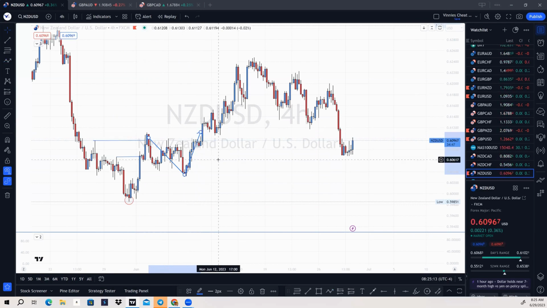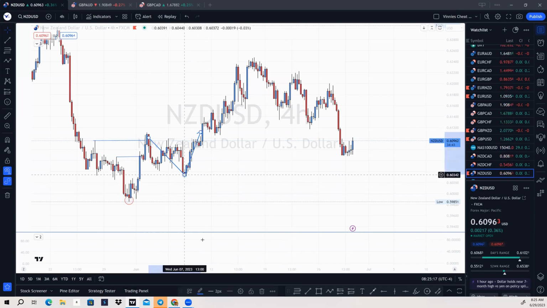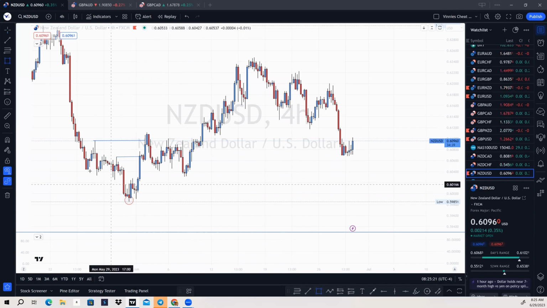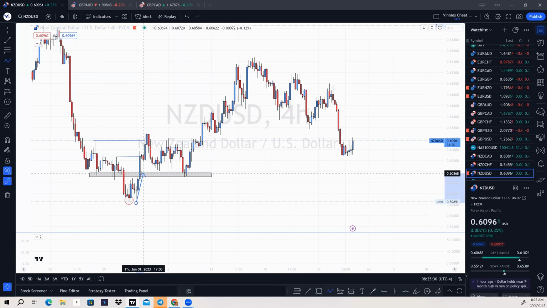Also, we can draw some lines here. We can identify the break of structure. We have an area here, and in this area, we can see that price broke, came up, and came back down to retest the area where it broke.